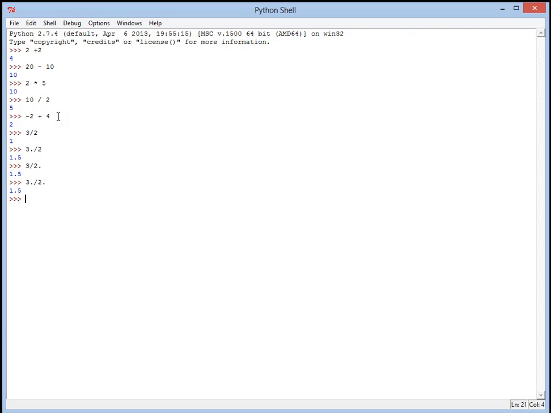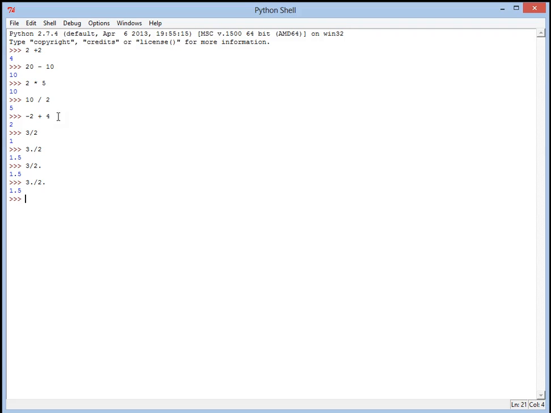Now the difference is when it's a float, it gives you a decimal point and it can store fractional values. Integers are always a whole number, whether negative or positive, still a whole number. Floats can have your decimal. Alright, so that is numbers.